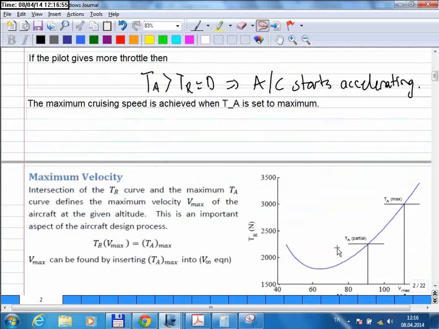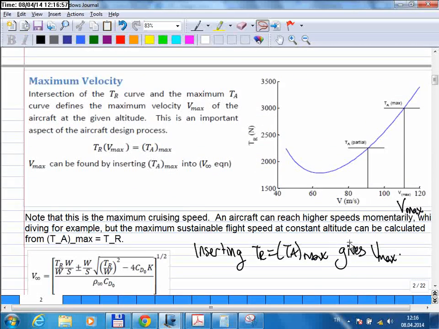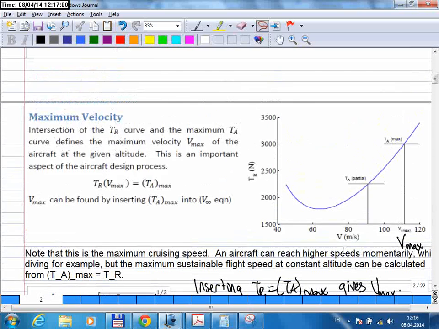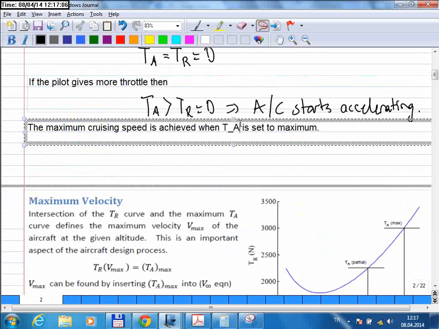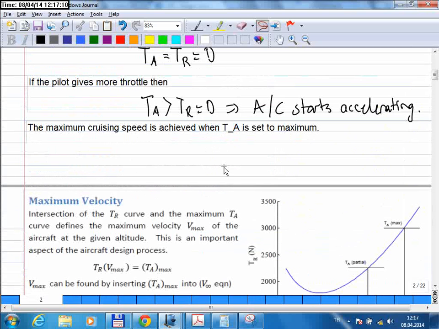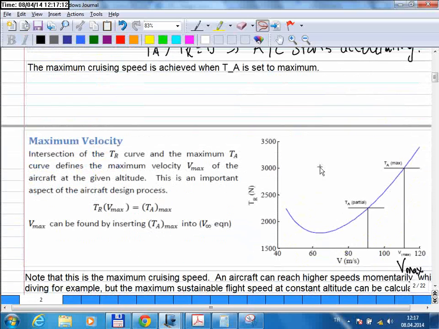Okay, now we come to our first performance calculation, which is the maximum velocity. The maximum velocity of an aircraft is obtained when the thrust force created by the engines is set to maximum, and that will give the maximum possible cruising speed for your aircraft.